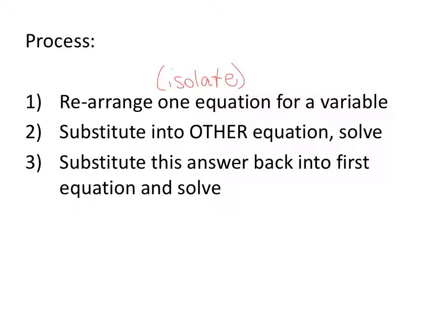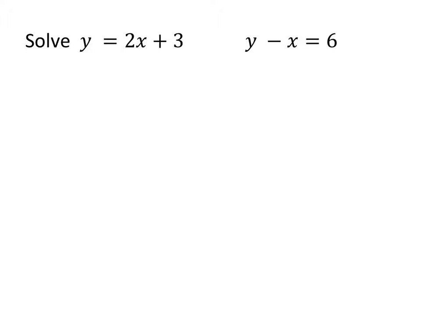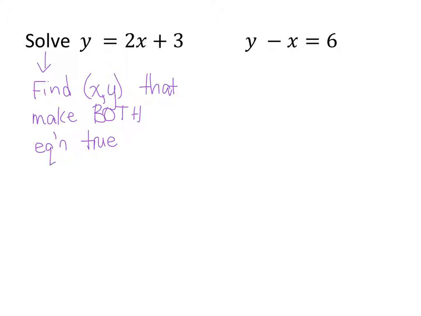Now, like a lot of things in math, this is going to make more sense with some examples. In this first example, we're asked to solve the system of equations y equals 2x plus 3 and y minus x equals 6. Now remember, when we ask you to solve, we're asking you to find the values of x and y that will make both of the equations true.